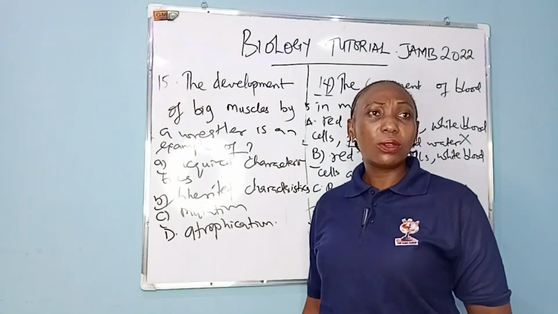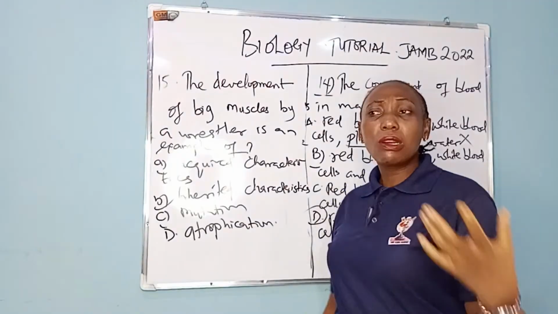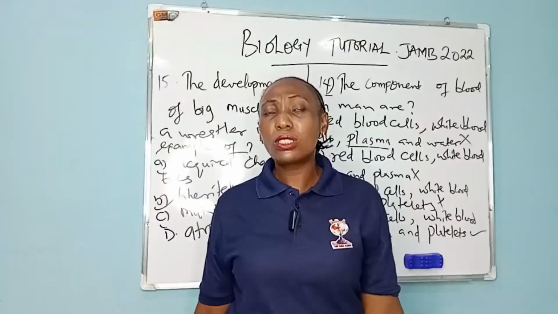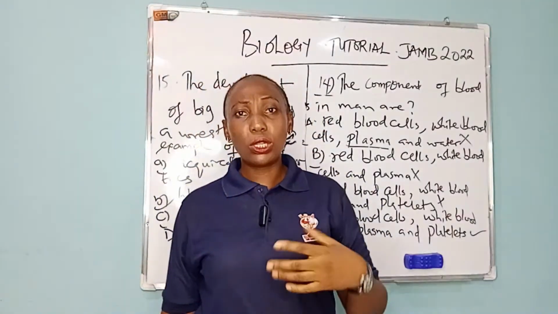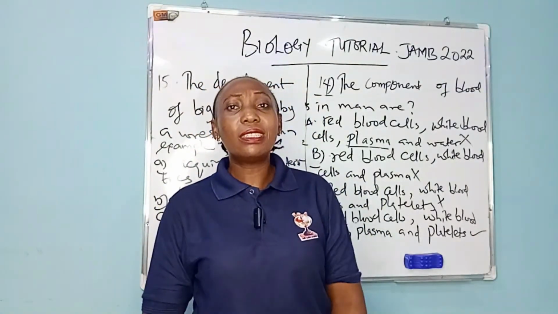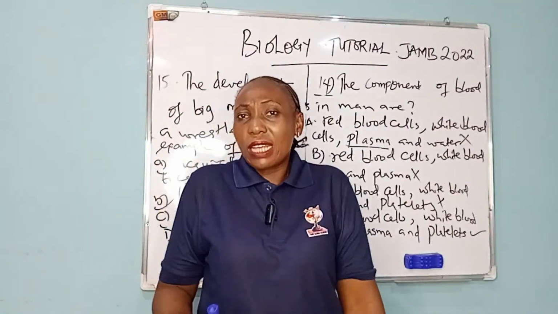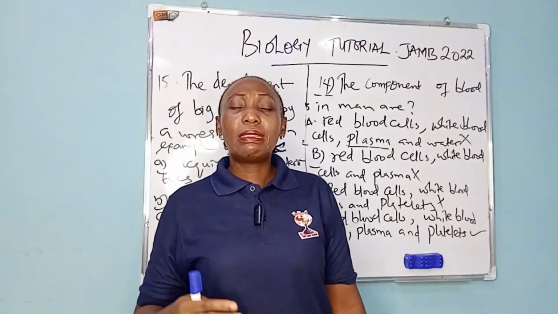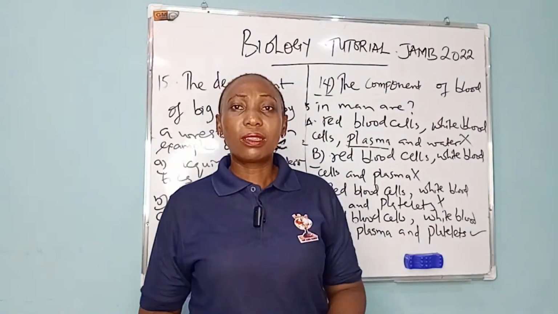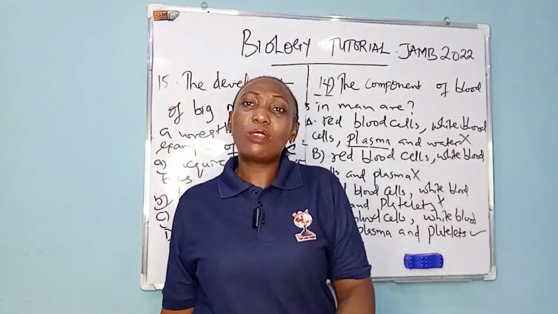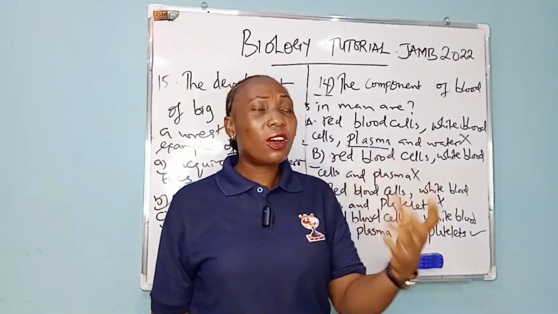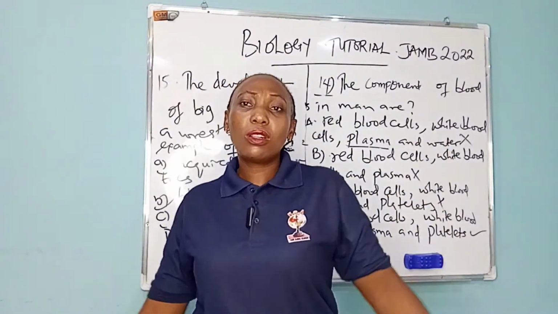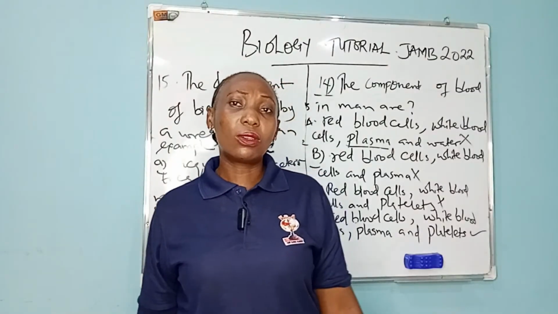The way we look, our skin color, our height, whether we're going to be tall or short, it is the genes that we inherited that define us as human beings. We inherit them from our parents. Skin color, eye color, our height, whether we're going to be tall or short, fat or slim.